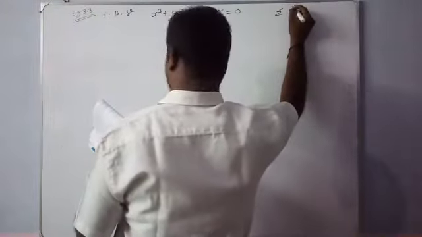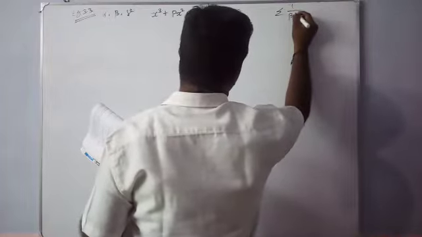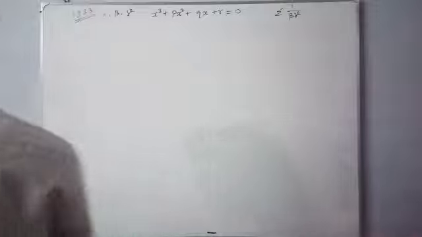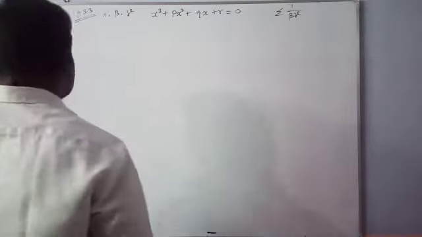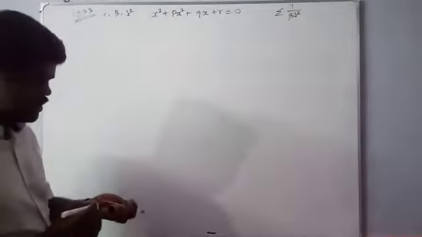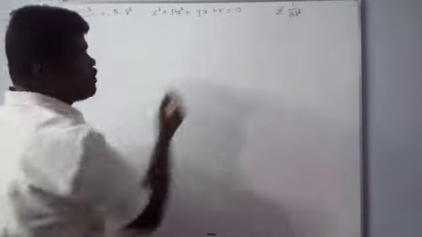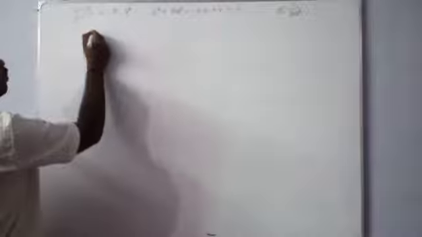Find the value of summation of 1 by beta gamma in terms of coefficients. Okay, already we learned about alpha, beta, gamma being the roots of the cubic polynomial. What is the summation 1 value?